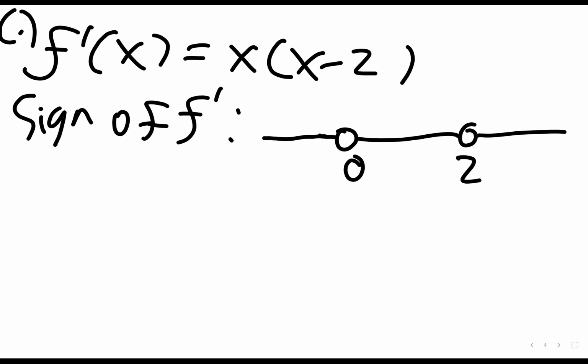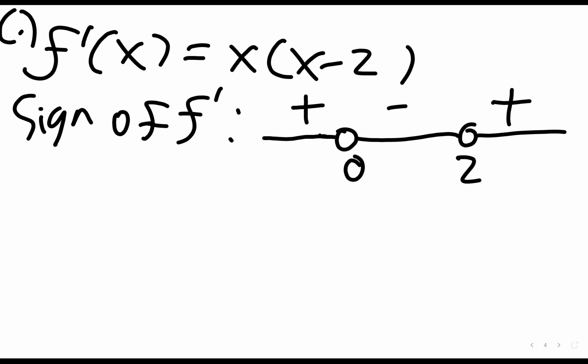In this case, for the sign of f prime, if x is less than 0, the sign is positive. You may take x equals minus 1, for instance. In between 0 and 2, the sign is negative. You may take x equals 1. From 2 to infinity, you may take x equals 3 to obtain that this is positive.